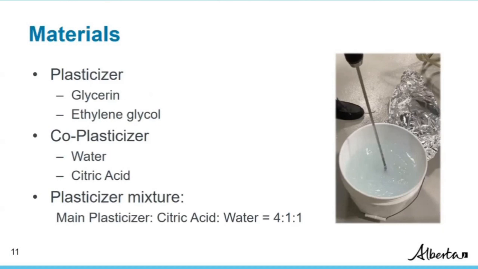So we tried either including it as a co-plasticizer or not. But because citric acid is a powder, it has to be dissolved with water first, and then mixed with the other two main plasticizers.